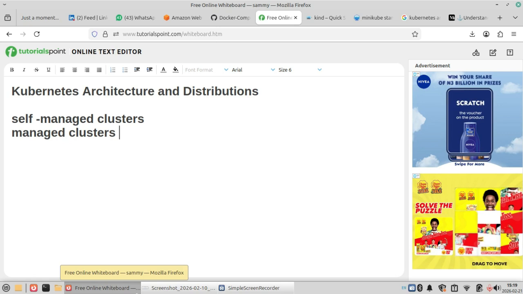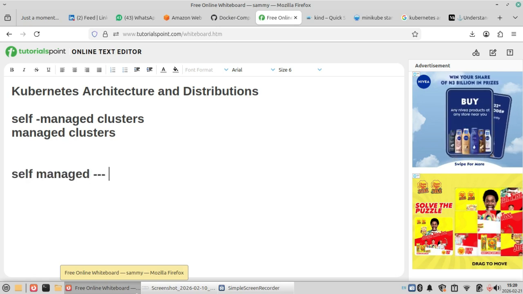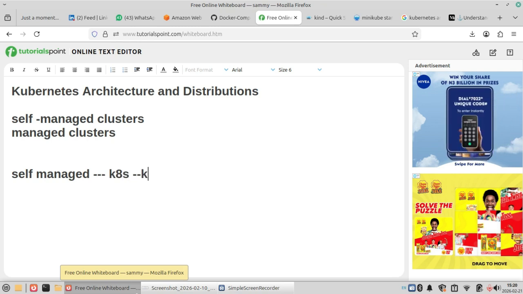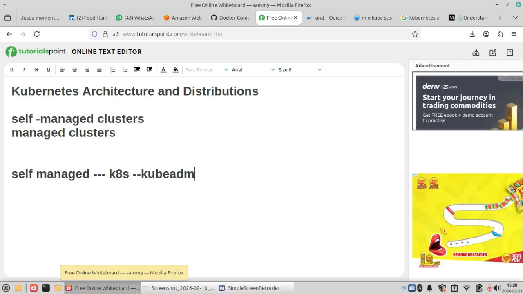What I'm trying to explain is that in self-managed, you simply install Kubernetes yourself, usually using tools like kubeadm. This gives you maximum control of your clusters, but it also gives you maximum responsibility. In essence, if the control plane goes down, you are responsible to fix it.